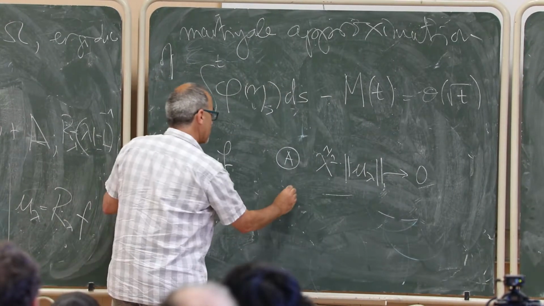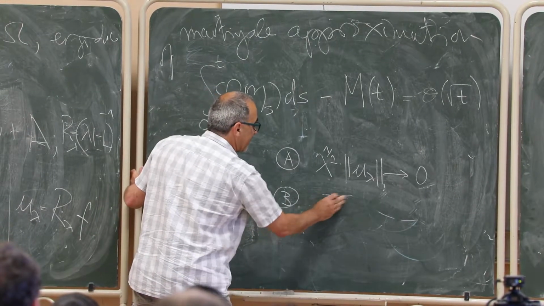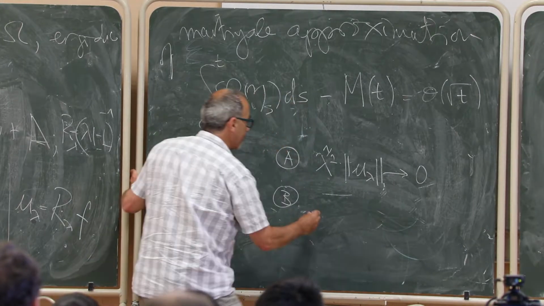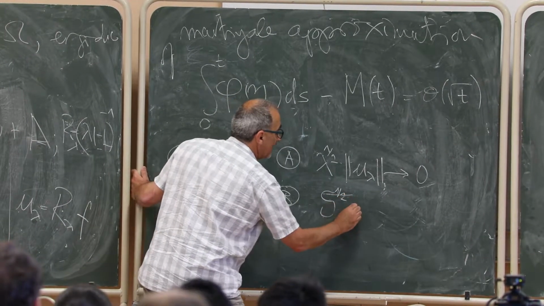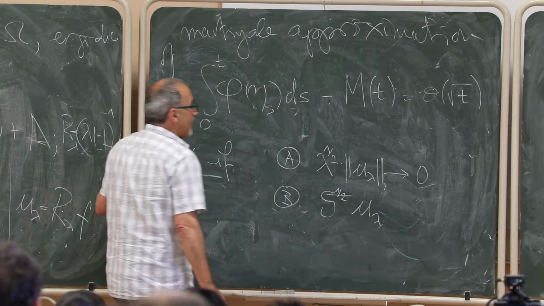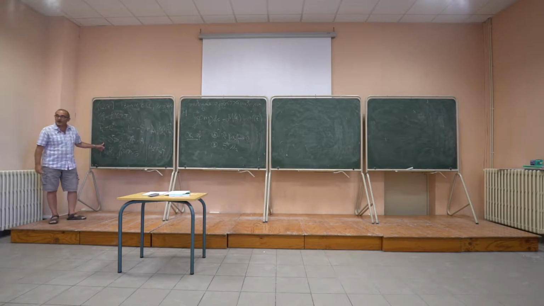The second condition was a bit, and I'm afraid that I lost some of my audience because I wrote it this way, S to the 1/2 u lambda, and what I mean is the following. S is a self-adjoint operator. We have the spectral theorem for unbounded operators.